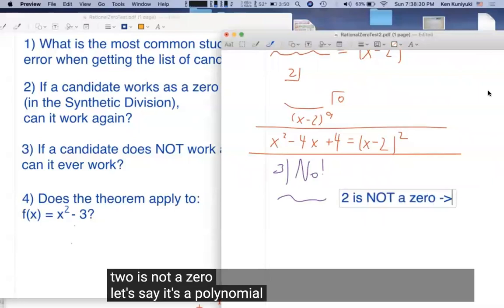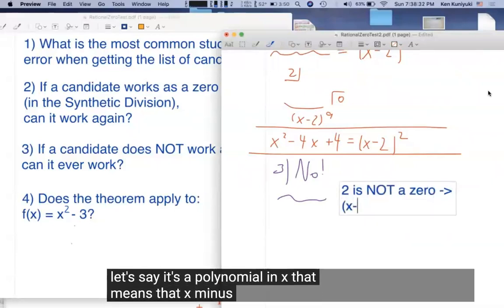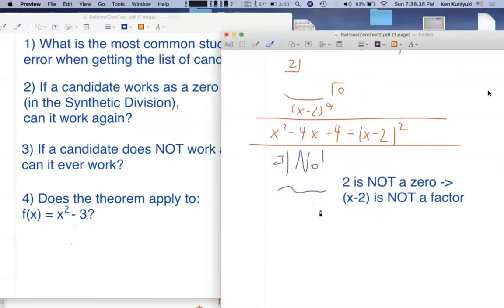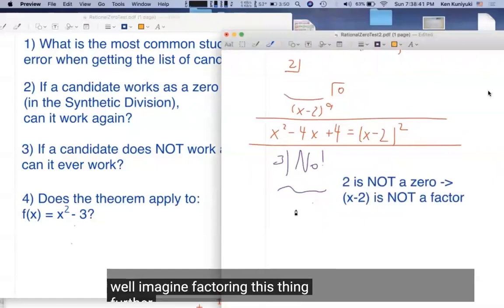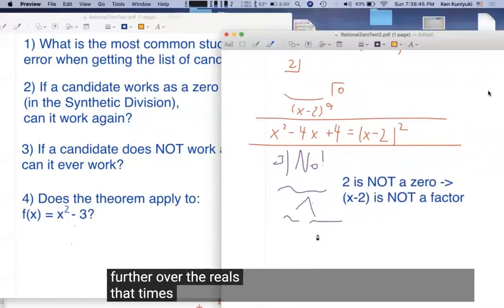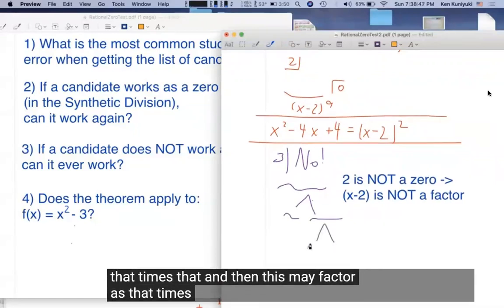Let's say it's a polynomial in x. That means that x minus 2 is not a factor. Well, imagine factoring this thing further over the reals. That times that, and then this may factor as that times that, and so forth.